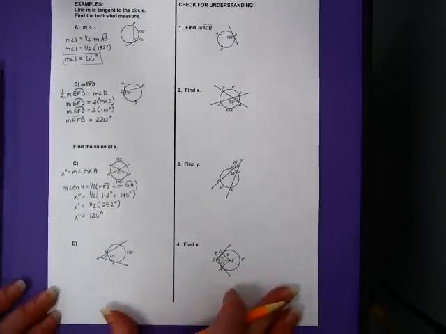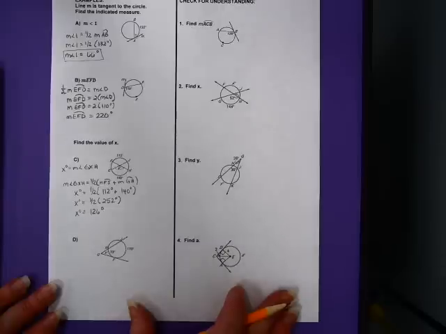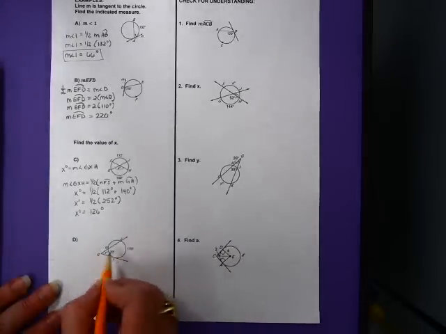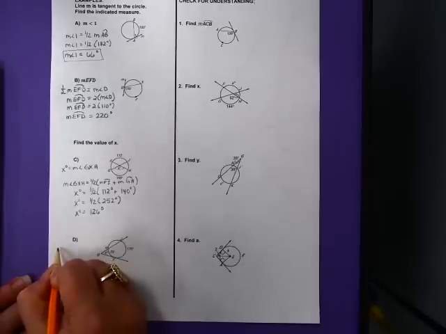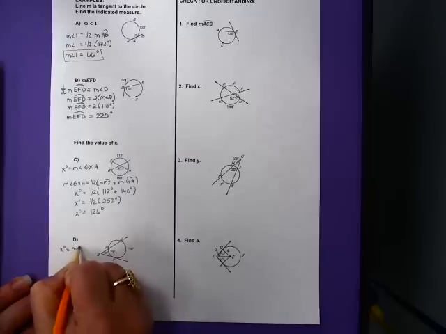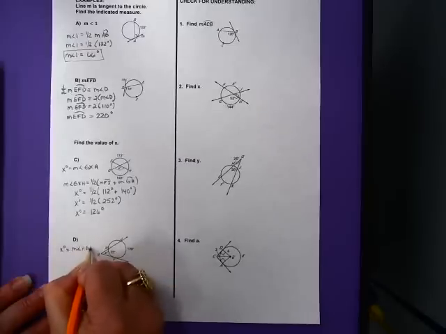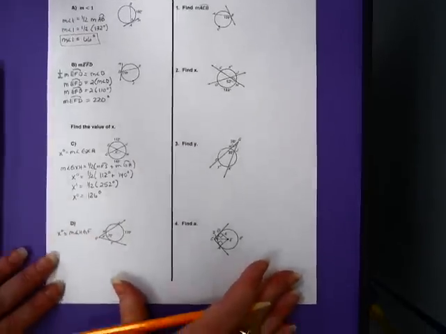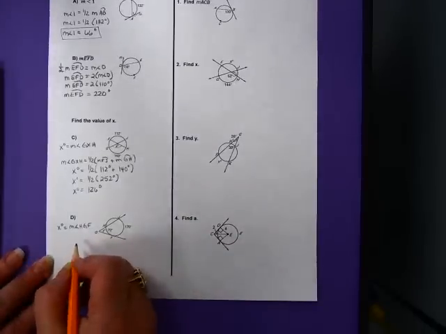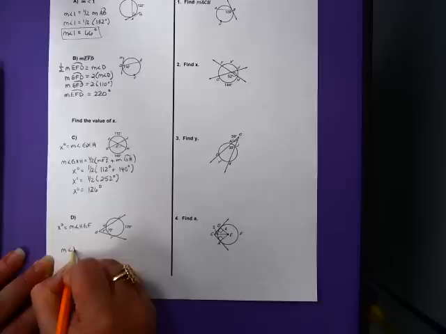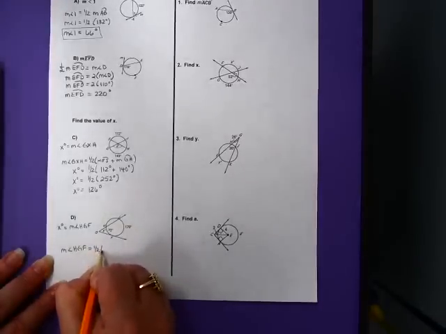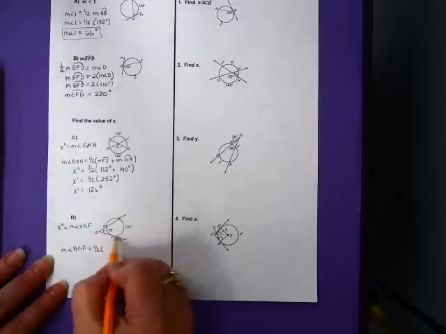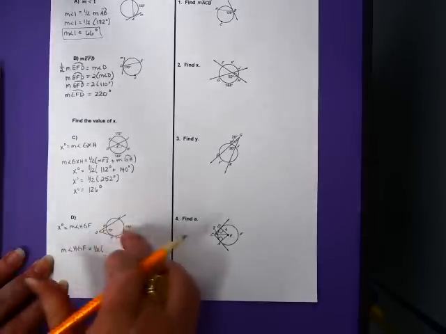All right, the next one. From the diagram, I know that X is representing this angle HGF. So that's what I'm going to write up here. X degrees equals the measure of angle HGF. And from my theorem, I know that the measure of angle HGF equals 1/2 of the intercepted arcs, but it's the difference because it's outside, so we're going to subtract them.